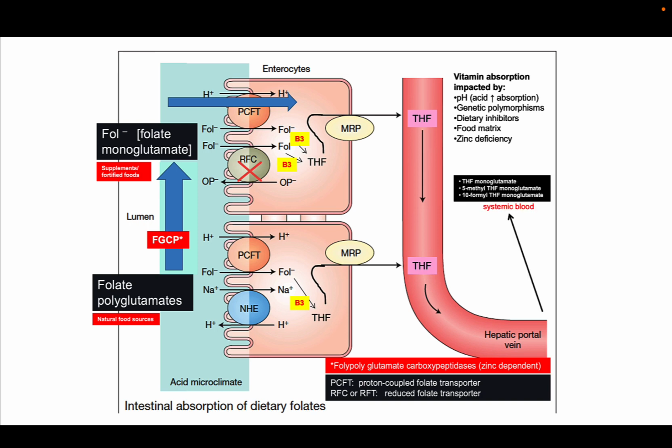In the systemic blood, you'll often find tetrahydrofolate monoglutamate, 5-methyl tetrahydrofolate, and 10-formyl tetrahydrofolate, all monoglutamate forms. Tetrahydrofolate has 4 hydrogens. 5-methyl has, instead of at the 5 location, the hydrogen is replaced with a methyl group, and then 10-formyl has a formyl group at the 10 location.